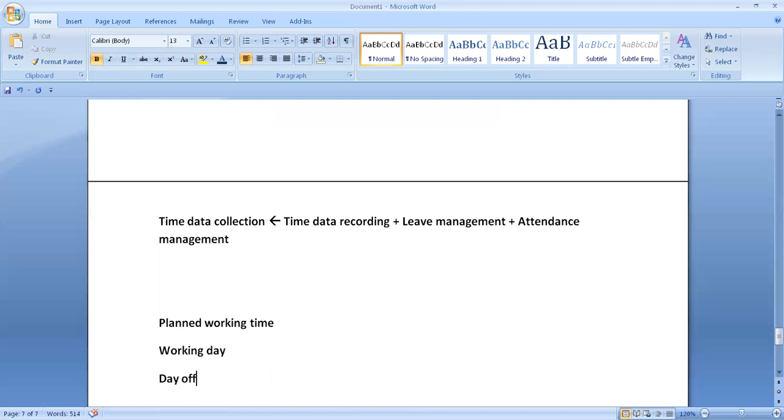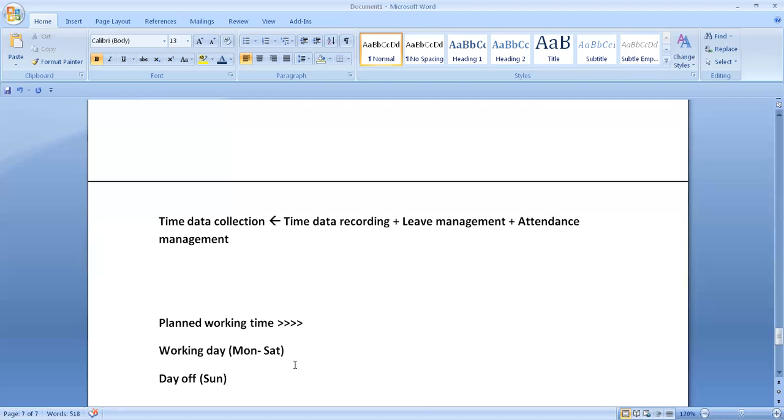Working day may be, for example, Monday to Friday for your company. For another company, it can be Monday to Saturday, depending on the company. Day off can be Sunday for your company. For some companies, it is Saturday and Sunday, depends.